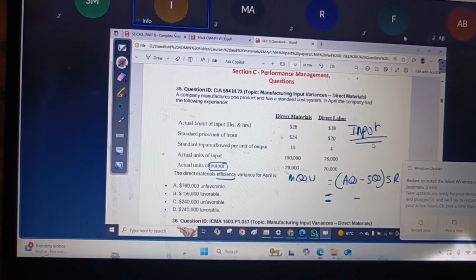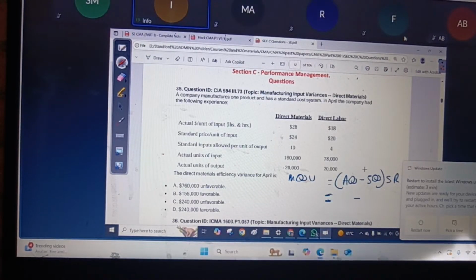There is no calculation for output. We are calculating manufacturing input variance. We don't care about outputs. What is the actual quantity? Actual quantity of input allowed for actual production. We only care about input.